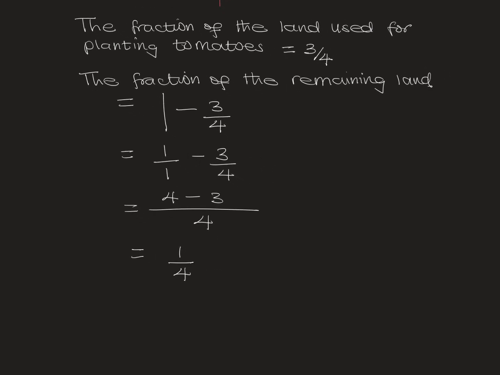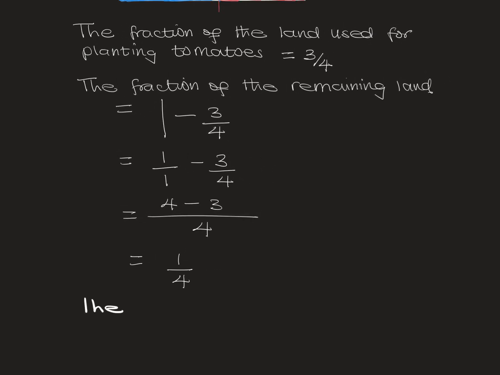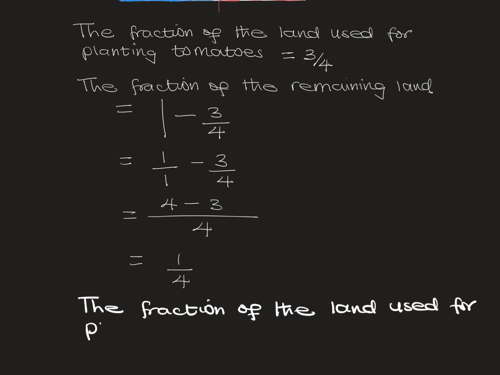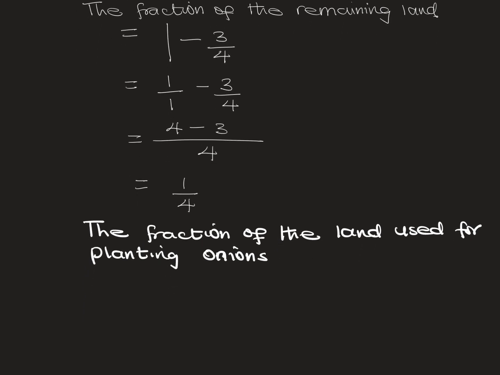we can find the fraction of the land used for planting onions. That will be, the remaining land was 1 over 4 multiplied by the fraction of the remaining land used for planting onions, which is 2 over 3.